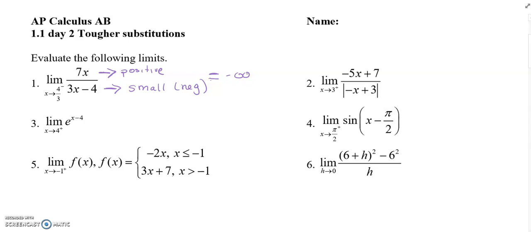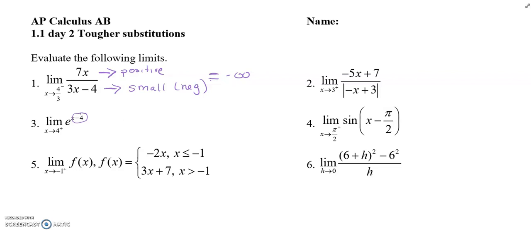If I look at number 3, I think about plugging in a number larger than 4 but approaching 4, like 4.1, then 4.01, on and on. I have to think about what happens to this exponent. That exponent approaches a positive number.